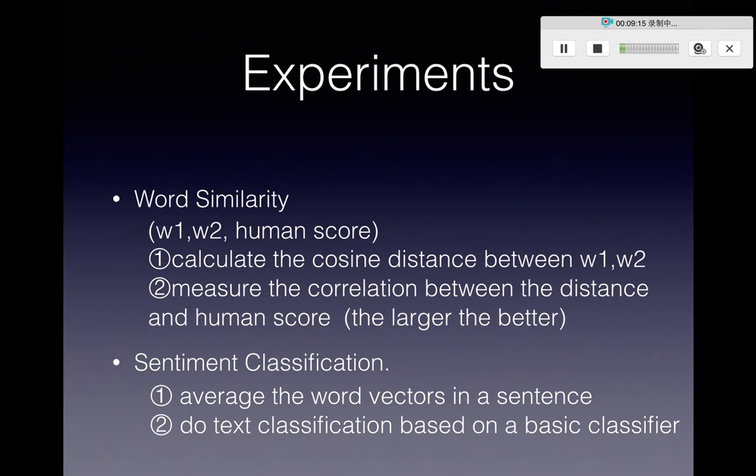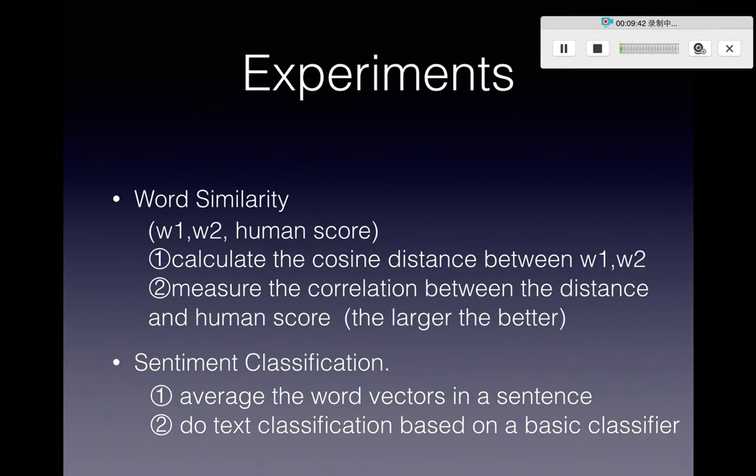Then we will introduce experiments. The first experiment is named word similarities. This experiment is used to evaluate the ability of word embeddings to capture semantic information. The dataset of this experiment is divided into three columns. The first column is word 1. The second column is word 2.